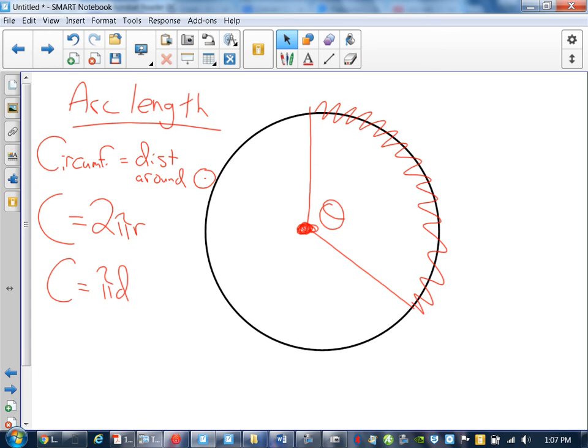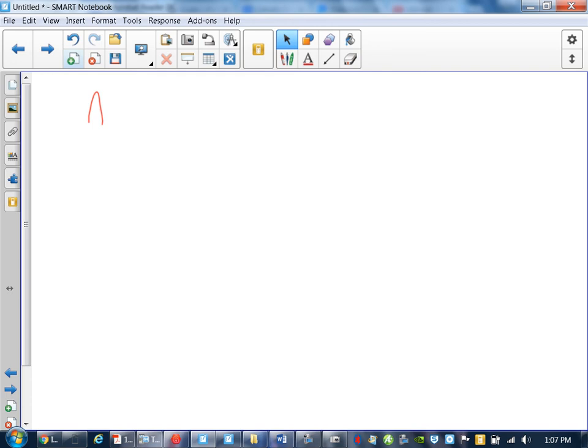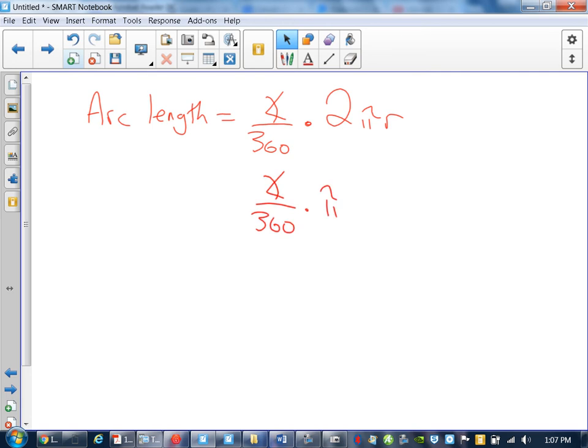So this arc length then was that central angle over 360 times 2 pi r, or we wrote it as angle over 360 times pi times the diameter, or we wrote it as angle over 360 times circumference.